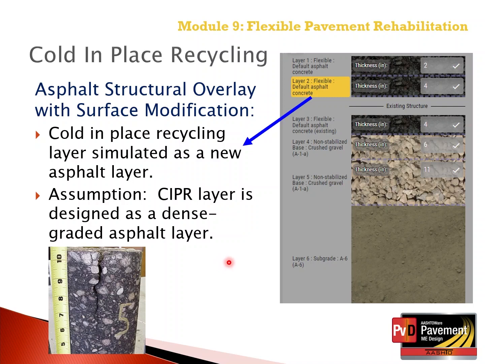So there is a maximum of 4 asphalt layers that can be used in Pavement ME, or the Pavement ME software is restricted to the use of 4 asphalt layers. In summary, cold in place recycling can be included as a rehabilitation strategy. If it is not designed as a dense graded layer, then that condition will be discussed later, at the end of this module.